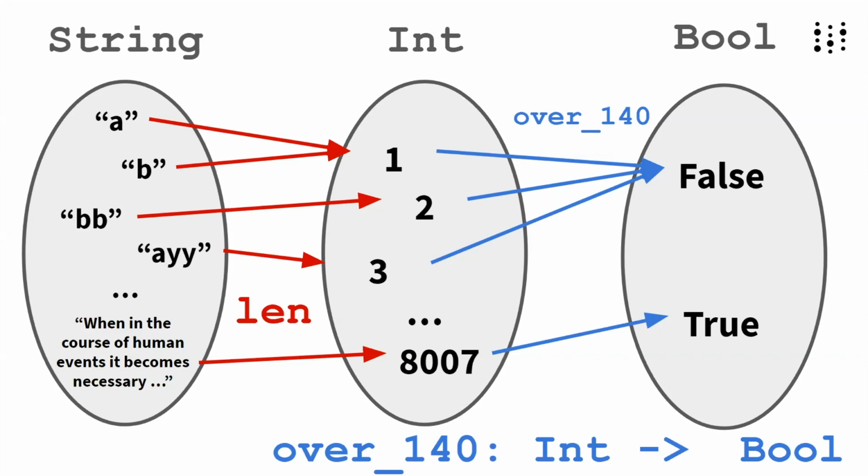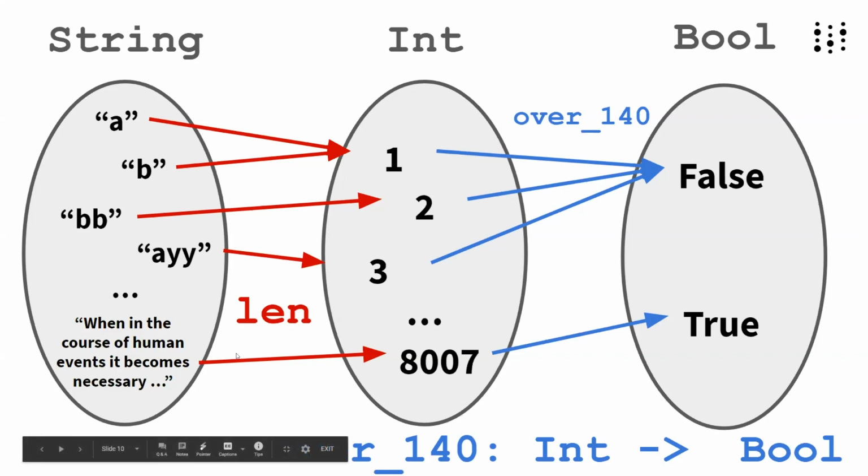And so in order to build that too long to tweet function, I just follow those arrows one after another. So to get the length of the Declaration of Independence, I start there, and I follow first this red arrow, then this blue arrow. And by following those two things, I've essentially created an arrow that goes from strings all the way on the left to Booleans on the right.